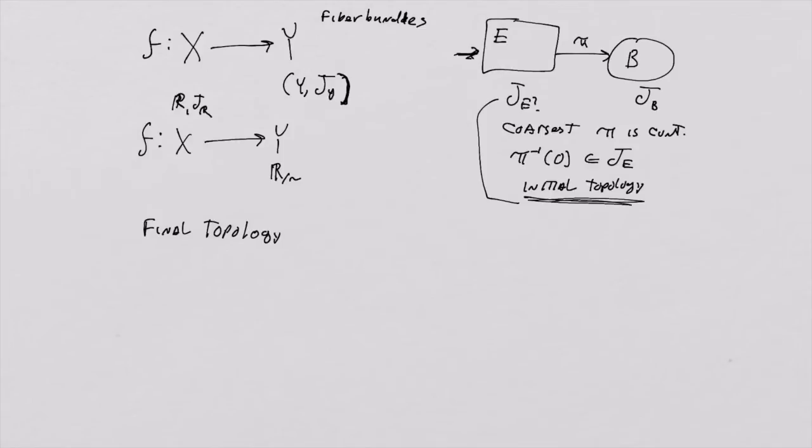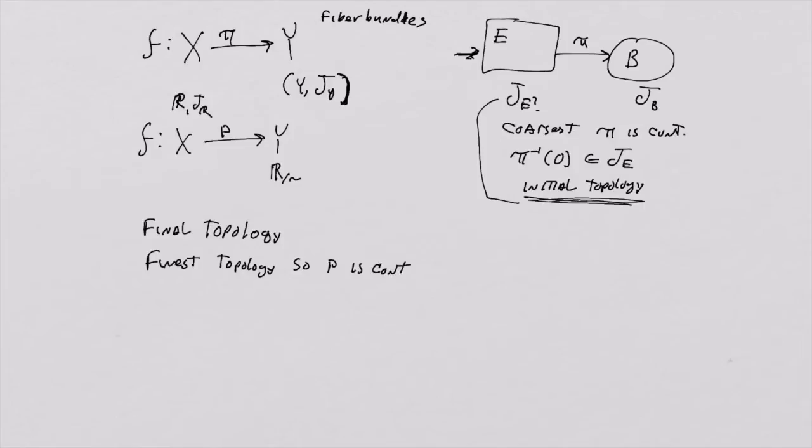The final topology is not going to be the coarsest topology, but it's actually going to be the finest topology. We call this P; here it was called pi, right? We're going to call this P. So P is continuous.